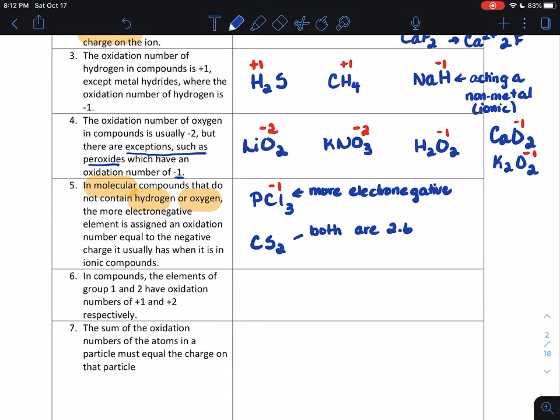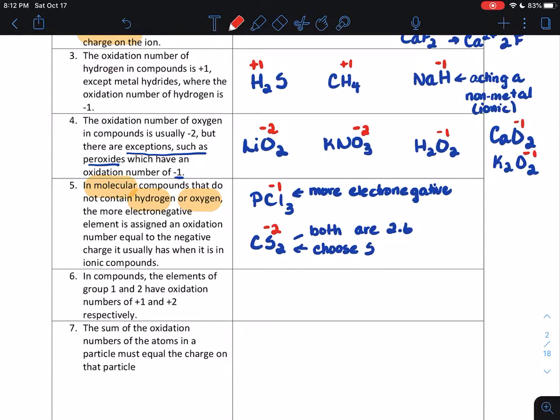So what you do then, I know this is so hard, you choose the element that's closer to the edge of the periodic table. So sulfur is closer to the edge of the periodic table, so we choose sulfur, and we give it the charge of its ion, which would be -2. And so for this one, it would be -2.